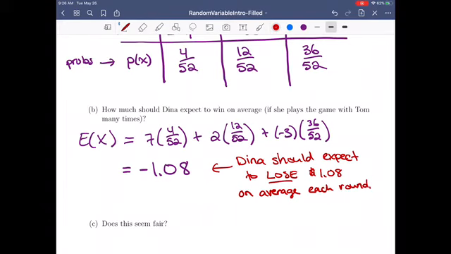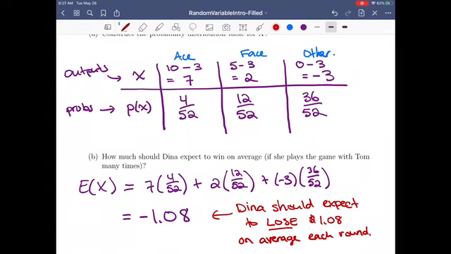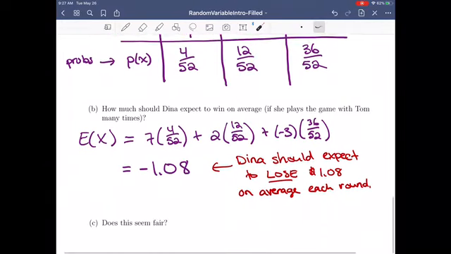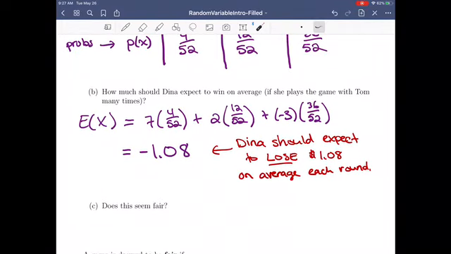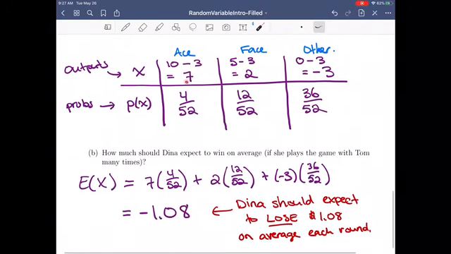Notice that this is not one of the outputs. That's fine, it's an average. Because the probability of her losing $3 is much higher than the probability she wins, she ends up losing on average. She's going to lose more than she wins, and even though she's winning more money when she wins, it doesn't matter.